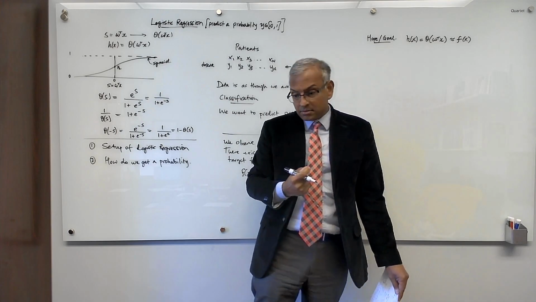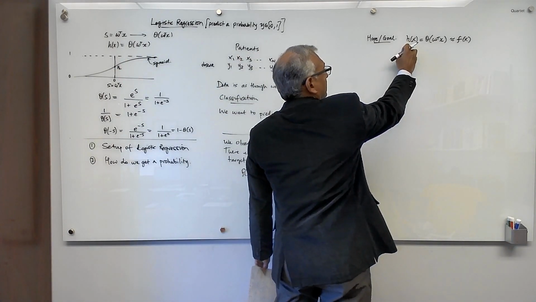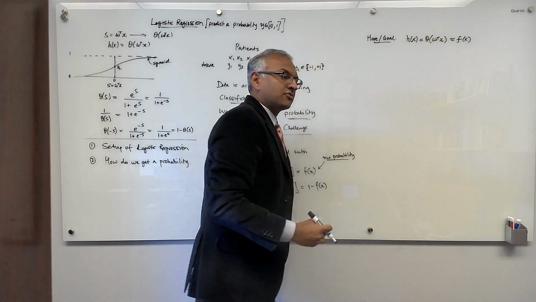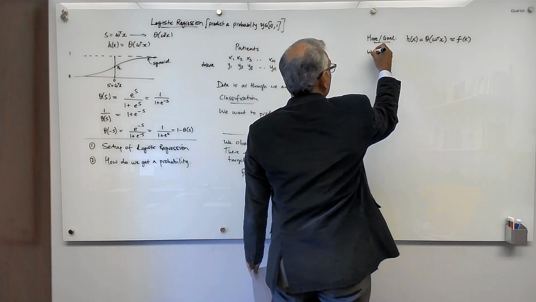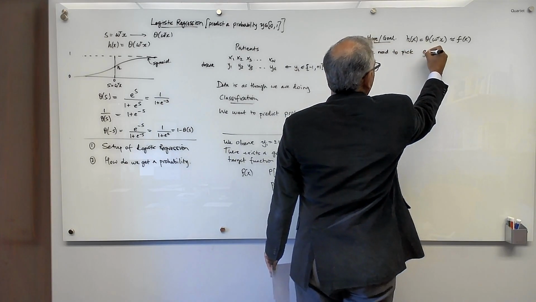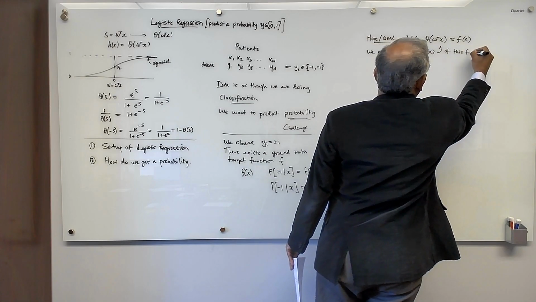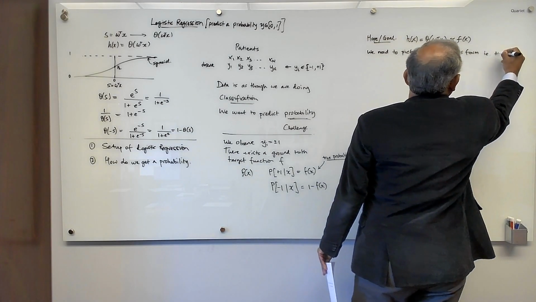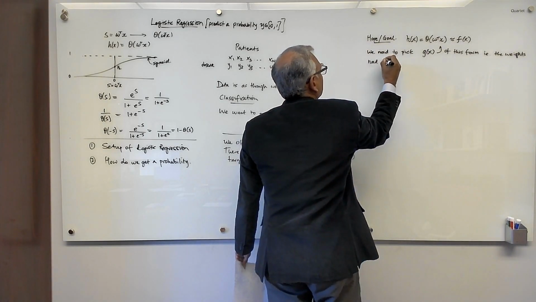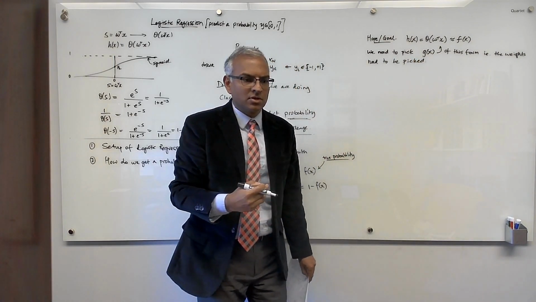Now, our first task, if we're going to pick a final hypothesis G of this form, is we have to pick the weights for that final hypothesis. And how do we pick those weights?